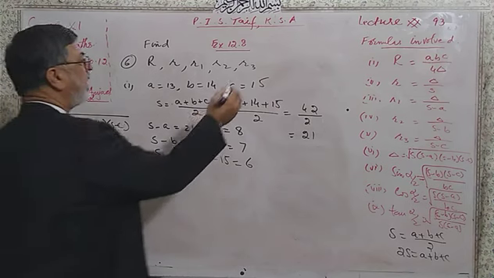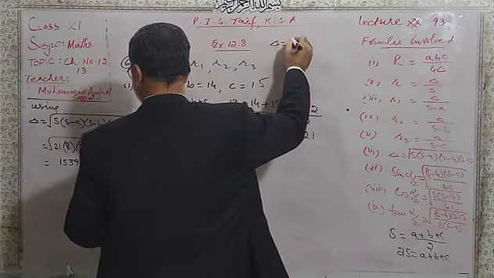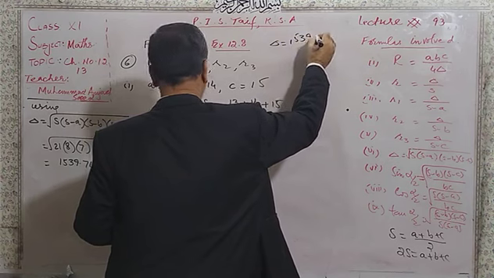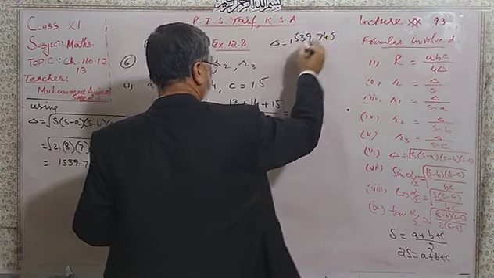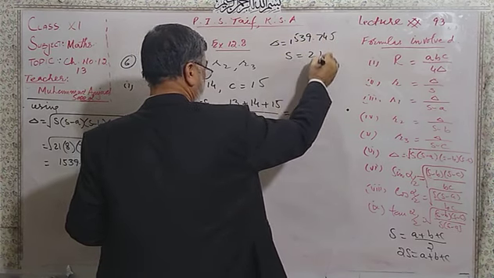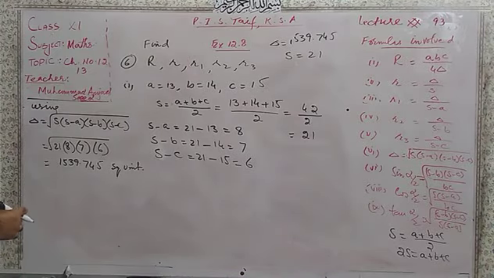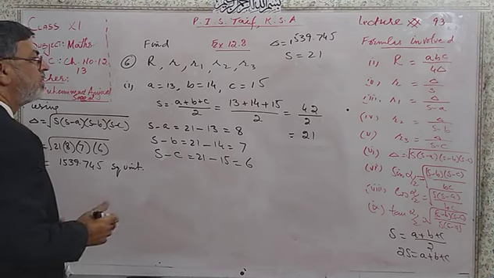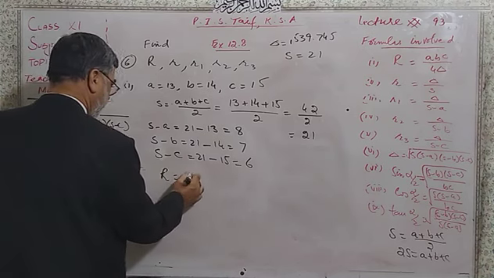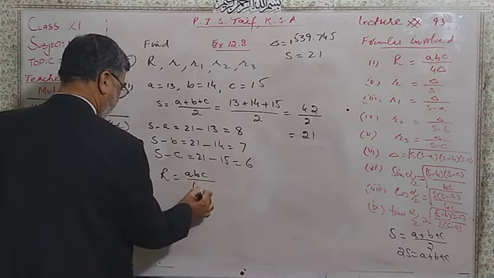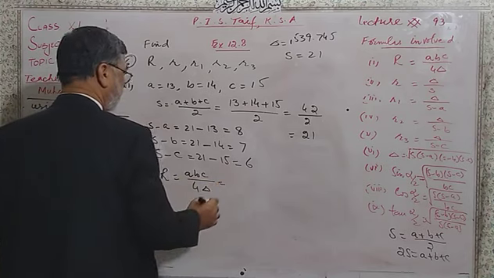Dear students, we have the value of delta 1539.745 and S is 21. Now we will apply the formulas one by one. Capital R is equal to ABC over 4 delta.